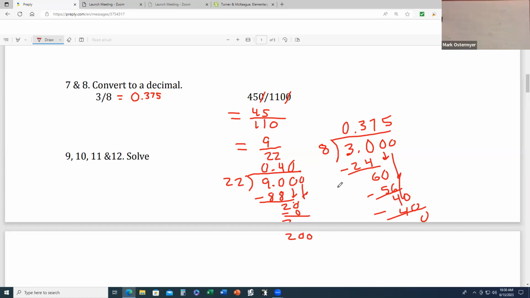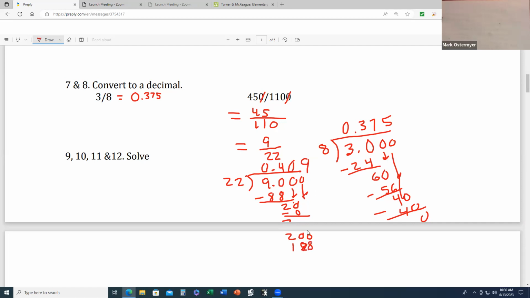How many times is 22 divided into 200? 9 times. 9 times 22 is 198.